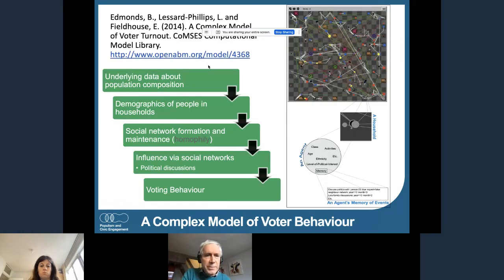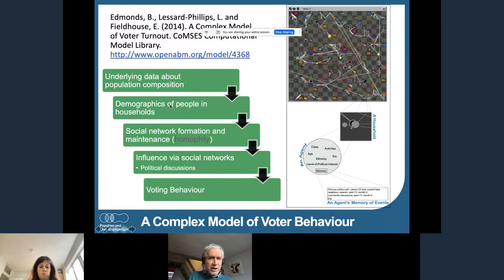So this is a very complicated model. It looks a bit like this on the right-hand side. There is a 2D range of space representing geographical space, and each square is a household. In each household, there are a number of agents who are members of that household. They have a number of attributes and, of course, a memory of past events. There was underlying data about the population composition, which we used to initialize the model.